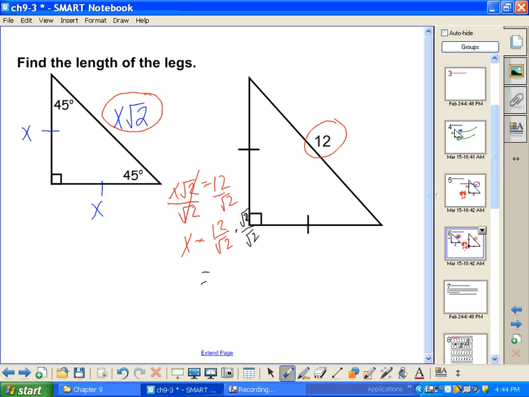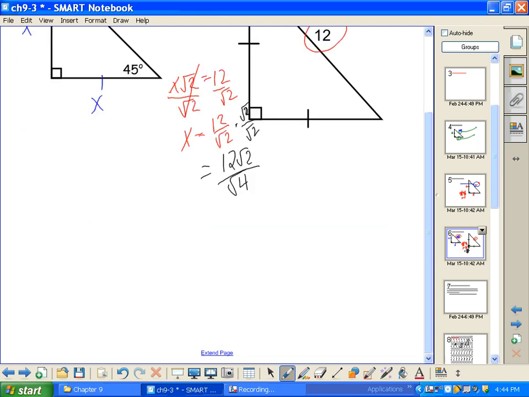When that happens, 12 times radical 2 just gives me 12 radical 2. But watch the denominator. The denominator is radical 2 times radical 2, which is equal to radical 4. So radical 4 goes in my denominator. We can actually simplify that even further.